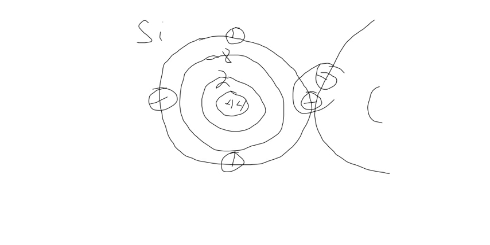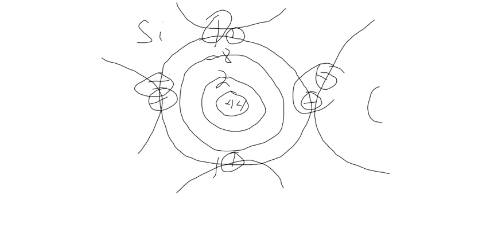Up here there's another neighbor, and they're going to share that pair of electrons, one from this atom, one from that atom, and so on with 2 more. And every atom will do that, so each silicon atom now thinks that it has 8 electrons in its outermost shell, so it's very stable and happy.